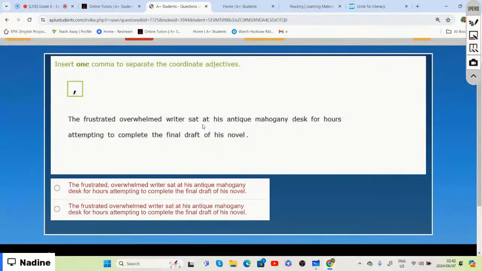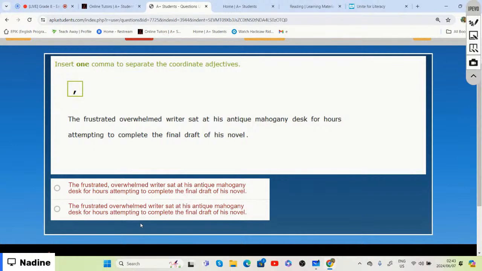So we added a comma next to frustrated because we are saying the frustrated, overwhelmed writer. That is how we are describing the writer, right? We describe this writer as frustrated and as overwhelmed.